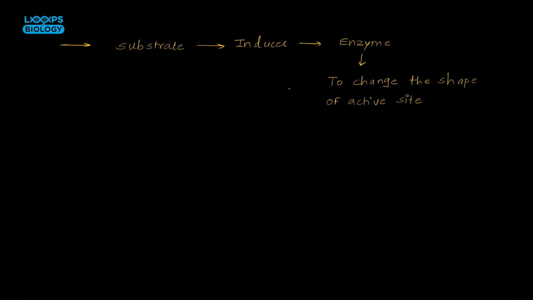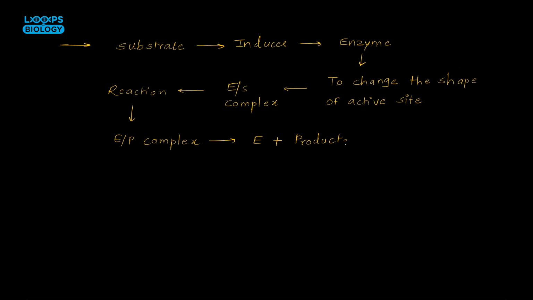And then it is going to form the enzyme substrate complex. Then the reaction takes place. Then there will be the enzyme product complex. And finally, enzyme plus product is given out of the system. That was a simple case of the induced fit model.